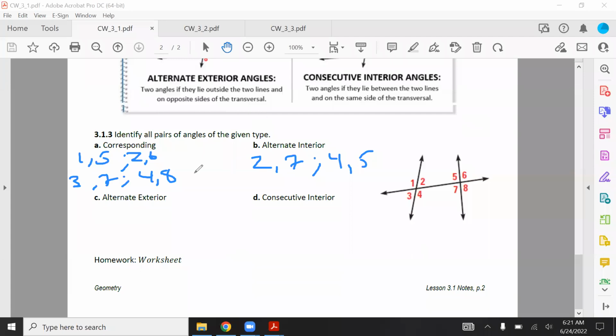Alternate exterior, you can say 1, 8, or 3, 6. Consecutive interior, or same side. I like to call them same side interior. But same thing. You can say 2, 5, or 4, 7. Those work. Okay, that completes this video.